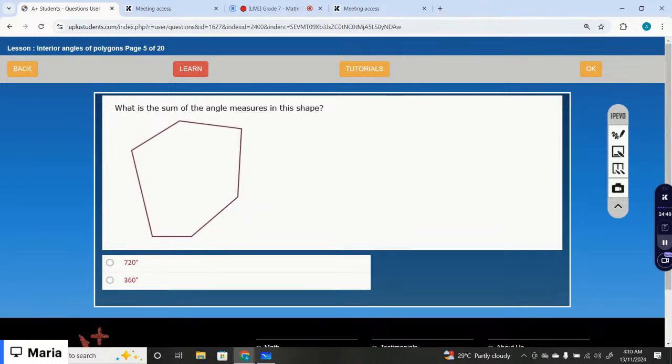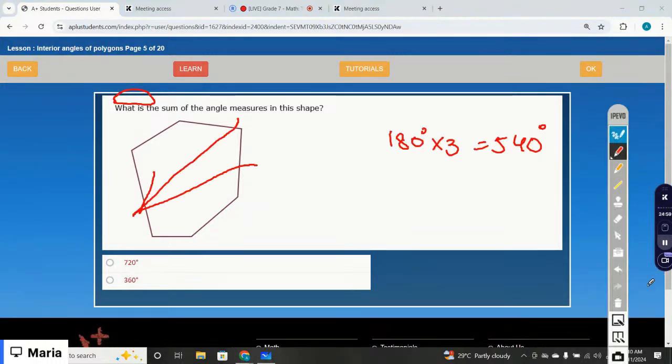What is the sum of angle measures in this shape? So which is the correct option? So let's see how many triangles we make.